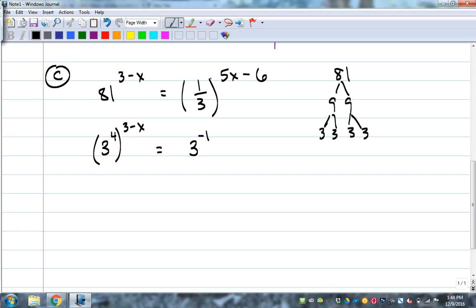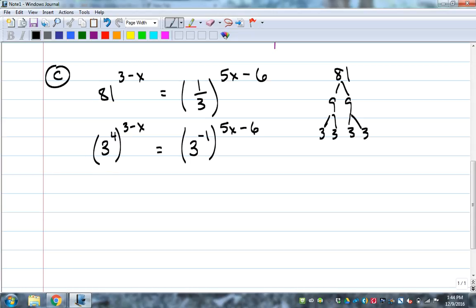And so I'm going to write that step in between what you're saying is the right answer. That step in between is that 1/3 can be written as 3 to a power. It's 3 to the -1. And then you've got the 5x minus 6 out there. And McKenna said that would be -5x plus 6 as the exponent, which is correct. But this is the step in between that makes that happen.